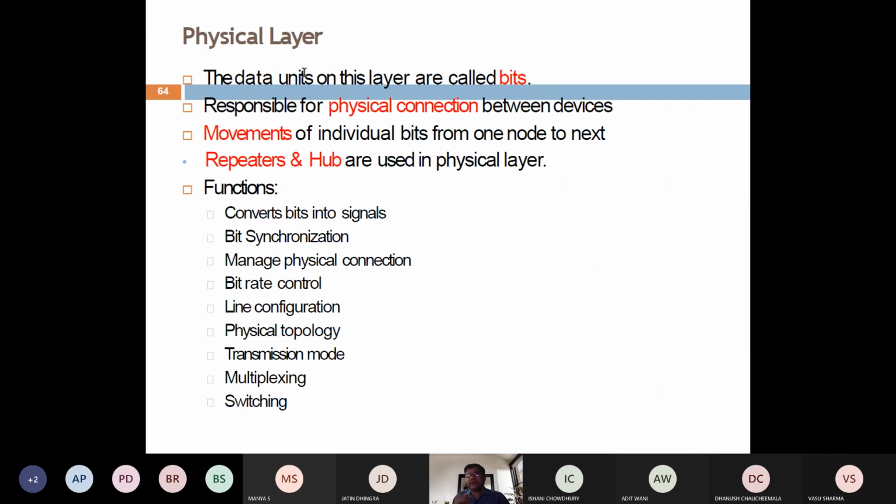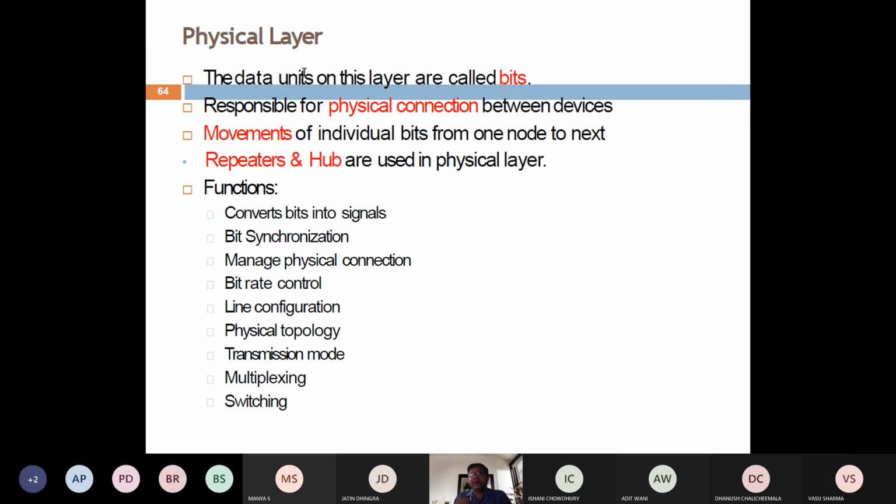Just as your parents call you by one name at home, your friend circle may call you by a different name, and at your office they call you by another name. The same person has different names. Likewise, during the whole communication path from layer 1 to layer 7, the same data item has different names.